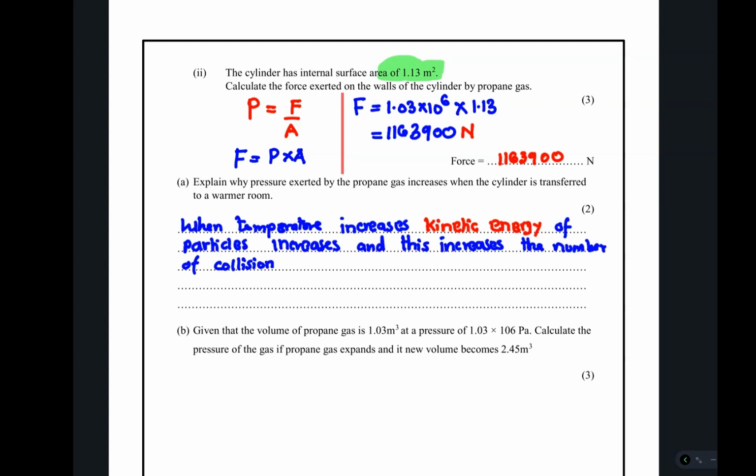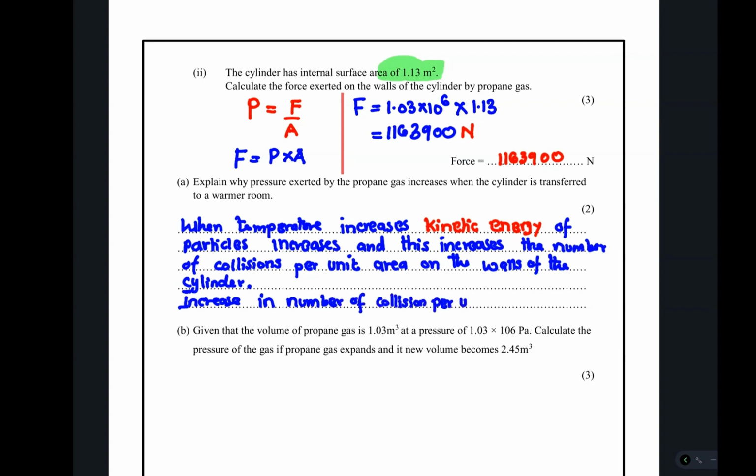There are other factors that can increase pressure in gases, of course. We can talk of reducing volume, which increases the number of collisions because there is a smaller area over which these particles move. You can also get questions like that. So if you cool a gas, the kinetic energy decreases and also pressure decreases.